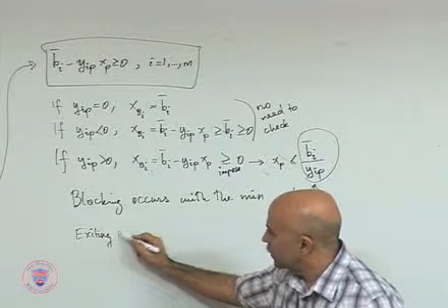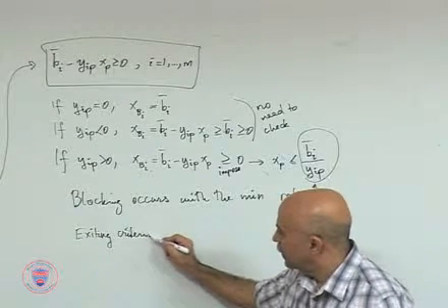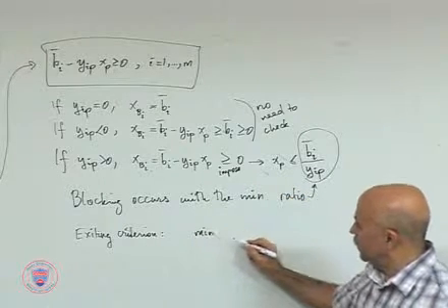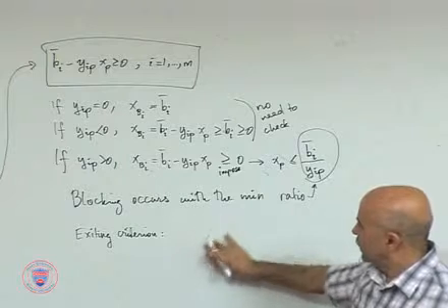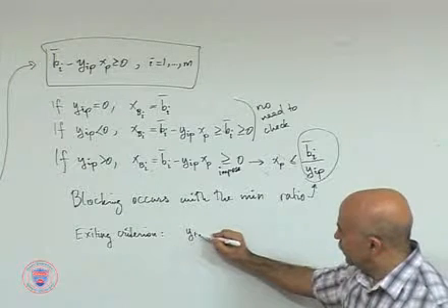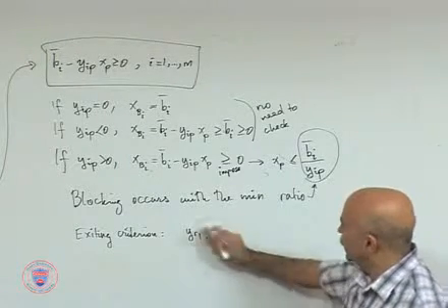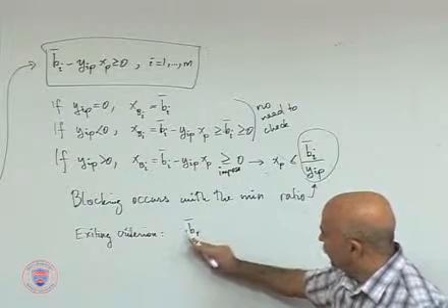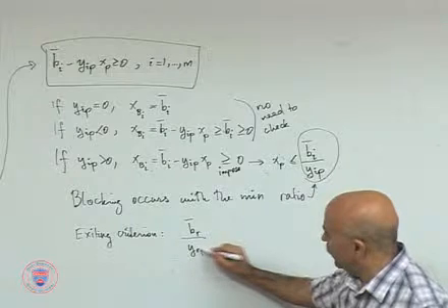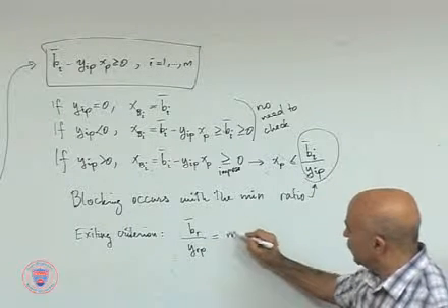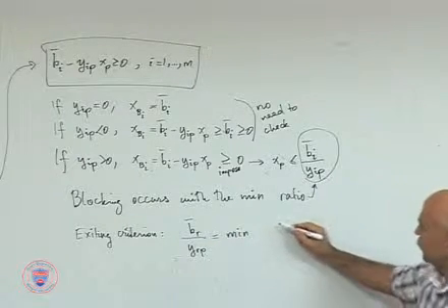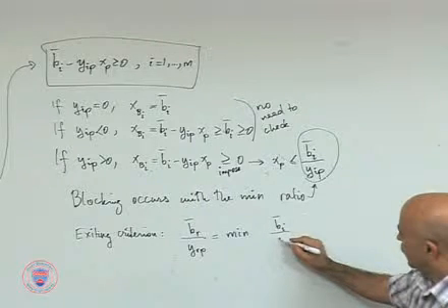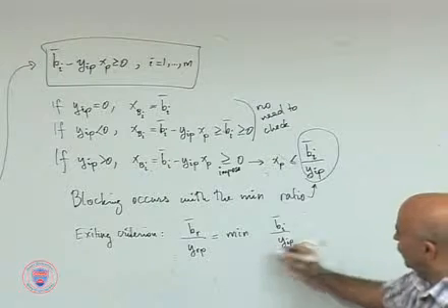the exiting criterion is defined by identifying a particular ratio, br divided by yrp, where this one is the minimum of the ratios, bi over yip.